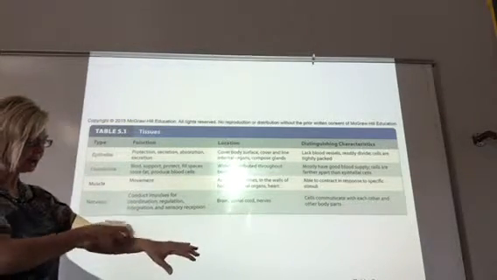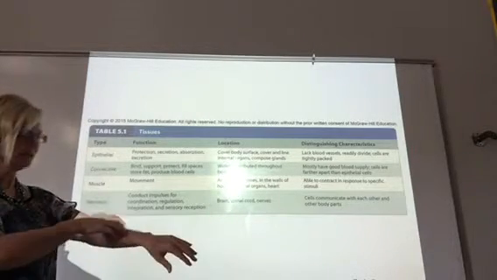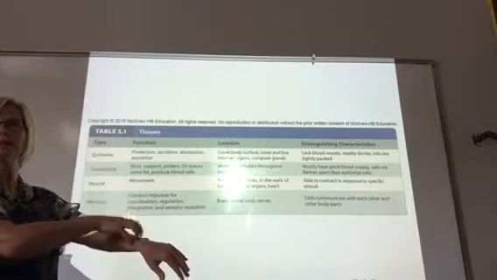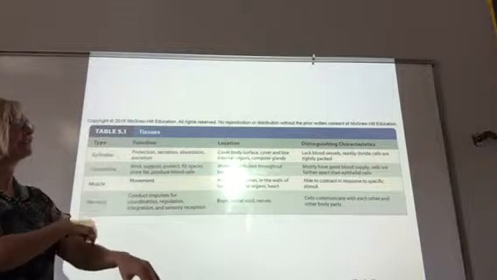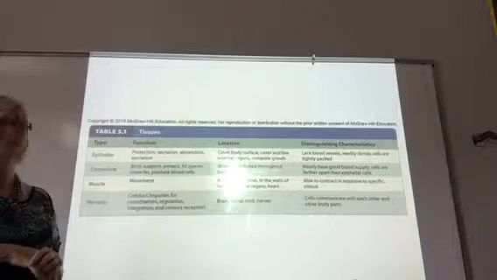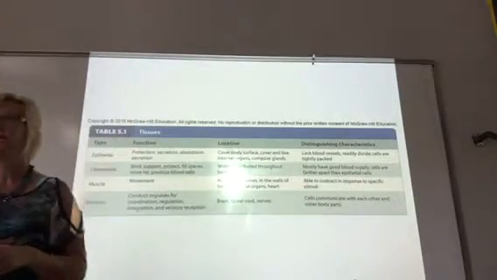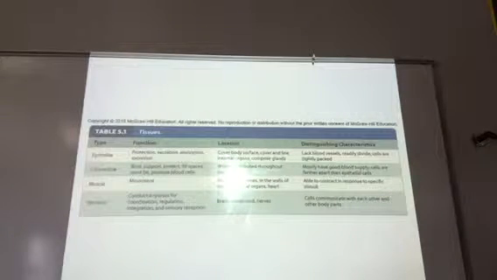If I scratch on the top of my skin, I do not bleed because I'm just peeling off layers of cells. If I get into my deep tissue, then I will hit a blood vessel. And we'll look at those characteristics as we look at each individual type of tissue. But this is a good table to go back and look at and review.